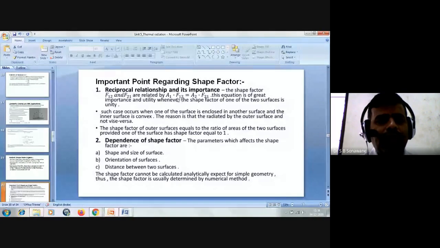Understood? So now, if I write the shape factor of surface 1 to 2, if Q1 is the energy emitted by the surface, out of that, Q2 is directly intercepted by the other surface. So obviously, F12 becomes Q2 upon Q1, whereas for F21, where surface 2 has emitted the energy, and surface 1 directly intercepts q1 out of that, I need to write q1 upon q2.